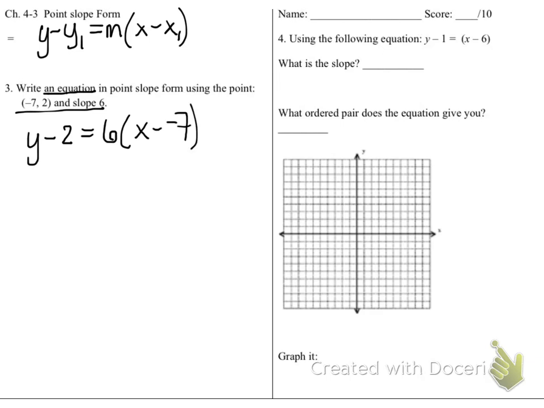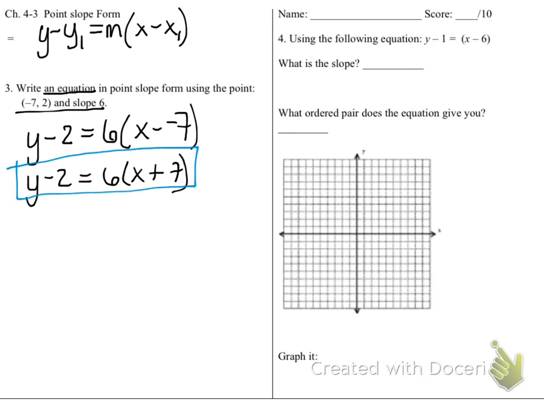Now the only thing I can do is to simplify that negative. If I do any more math, it is no longer going to be in point slope form. For example, some of you distributed. If you distribute, now it's not in point slope form. So don't do that. Your final answer is that guy right there.